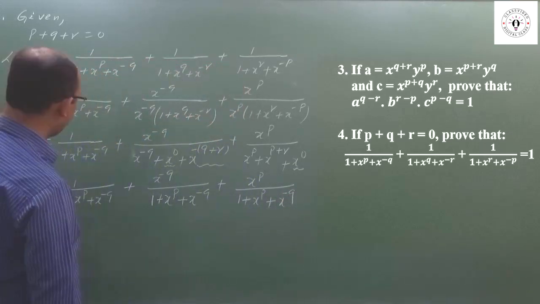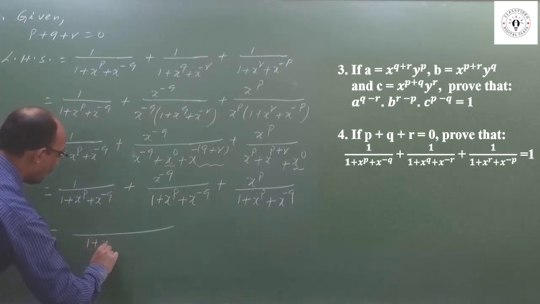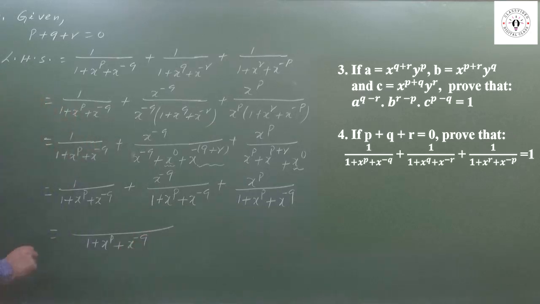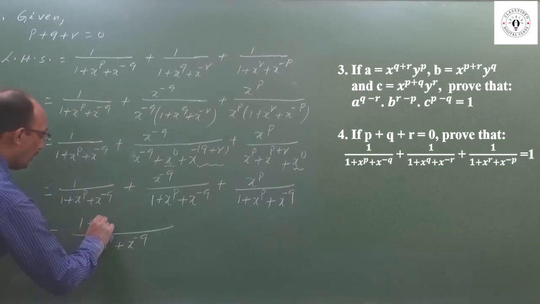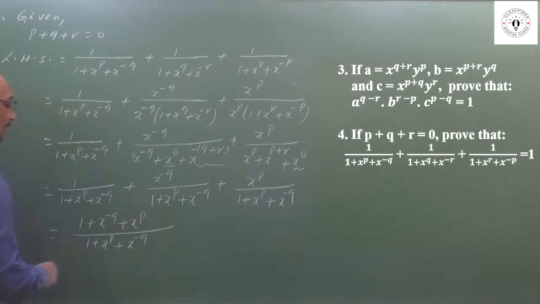Now check. All three fractions have the same denominator. So when denominators are the same, the LCM will be the same. So what is the LCM? 1 plus x to the power p plus x to the power minus q. And if denominators are the same, the numerator will also be the same: 1 plus x to the power minus q plus x to the power p.